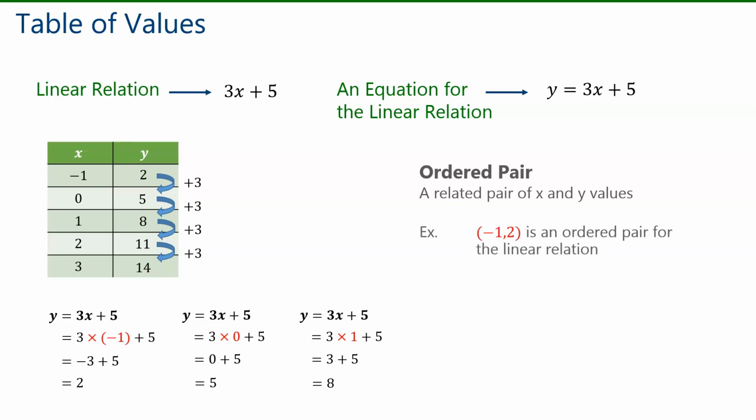So -1, 2 is called an ordered pair for this linear relation. And when we write an ordered pair, the x value always comes first, and the y value is second. And so just like the alphabet, x comes before y, in an ordered pair, x comes before y. Another example of an ordered pair is 3 and 14.